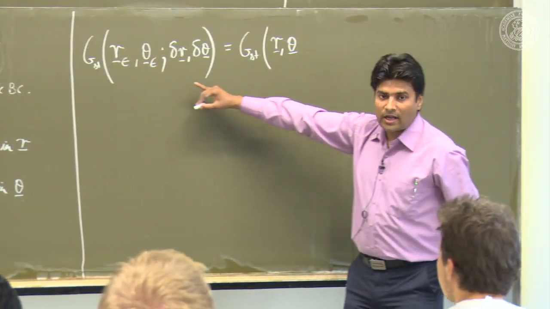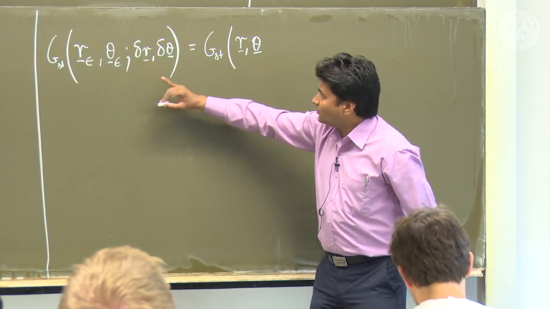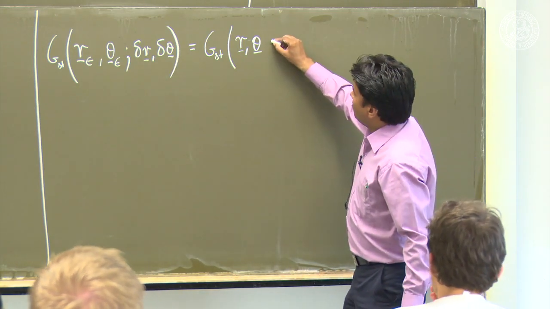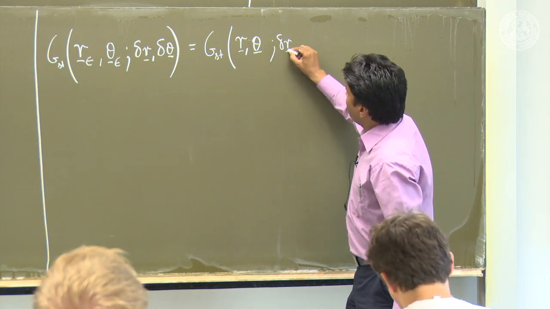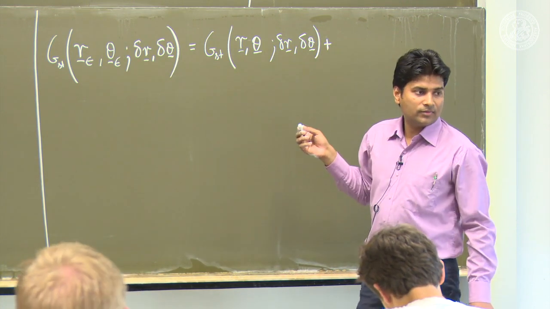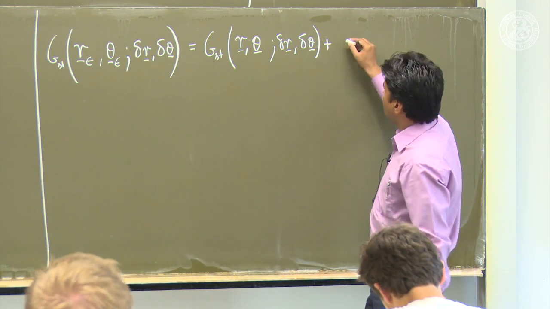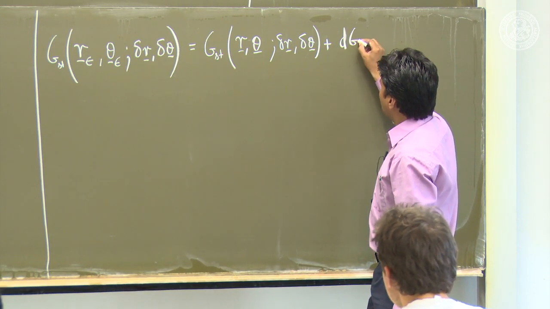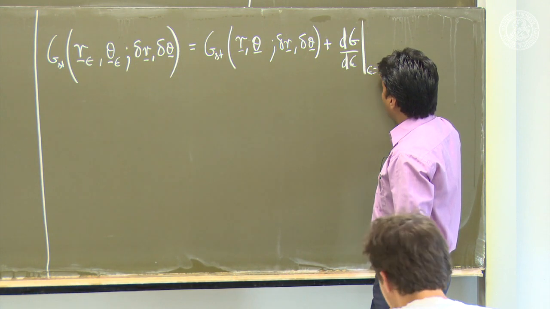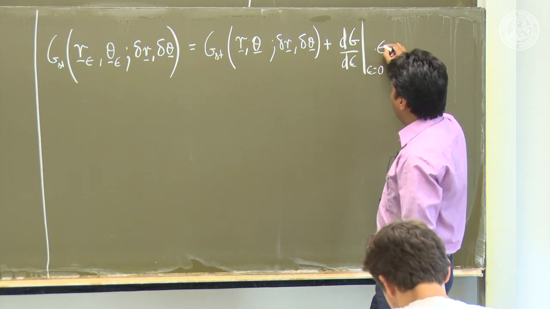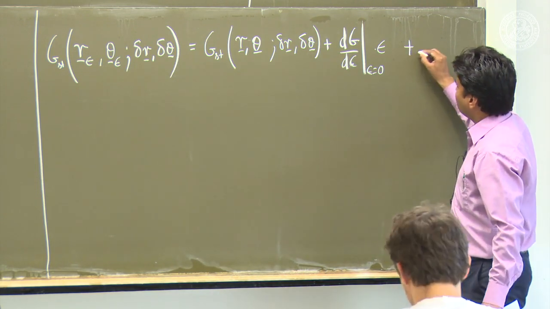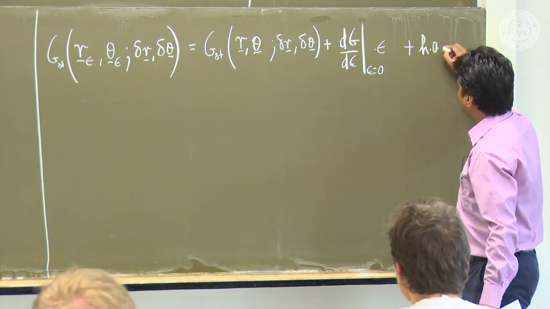Okay, so, your G static for any epsilon is this, which is equal to G static at epsilon equal to 0 plus the first derivative with respect to epsilon, dG over d epsilon at epsilon equal to 0 times epsilon, plus the higher order term.